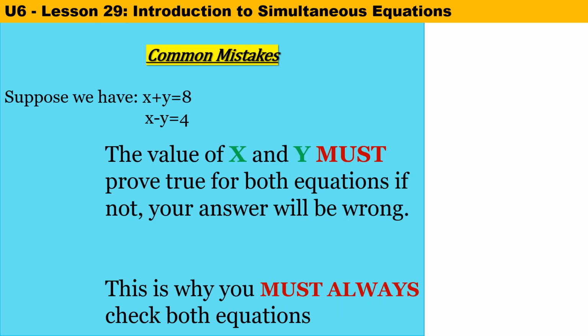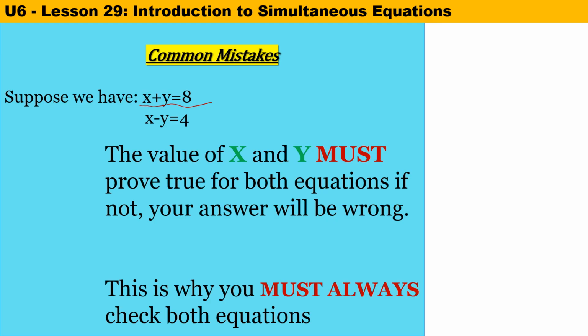Okay, so suppose we have x plus y equal 8, x minus y equal 4. The value of x and the value of y must prove true for both equations. If not, your answer is wrong. So whatever value you find for x in equation 1, that same value should also equal for x in equation 2.